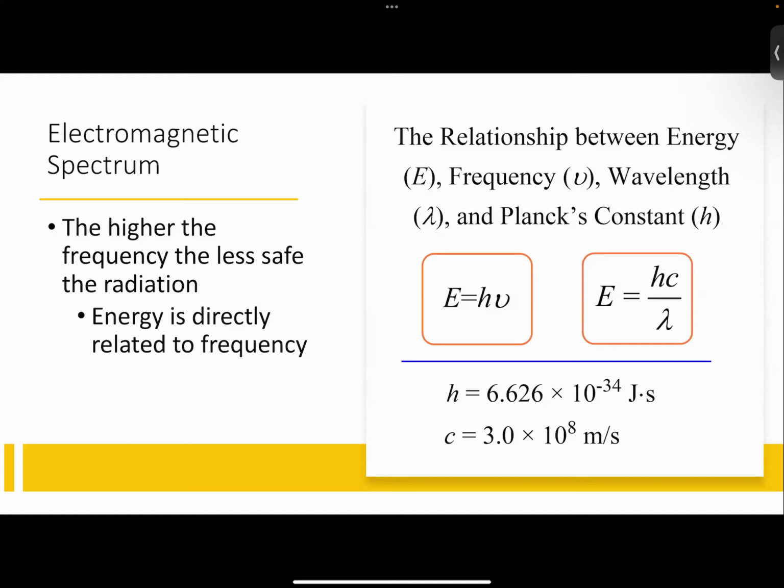So yesterday, when you were in lab, one of the pages that you had to do some calculations on required you to calculate the energy of the atomic emissions from that hydrogen lamp.